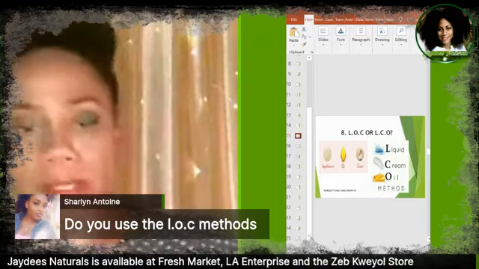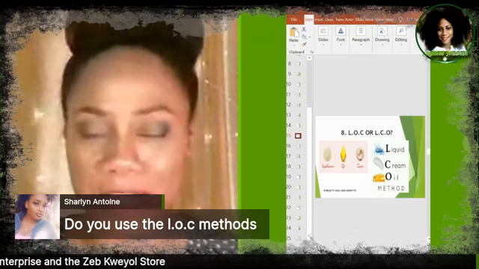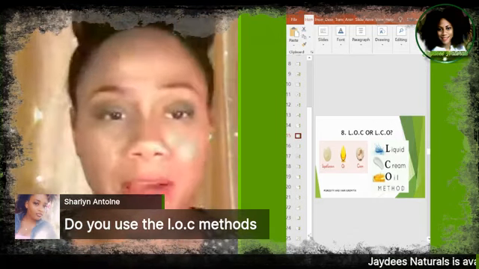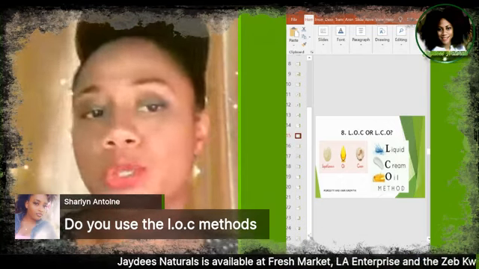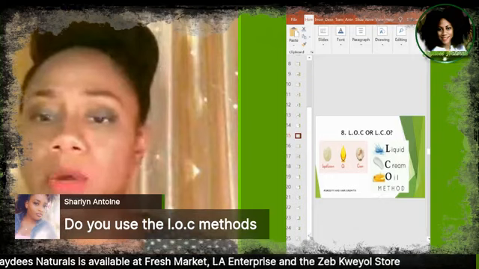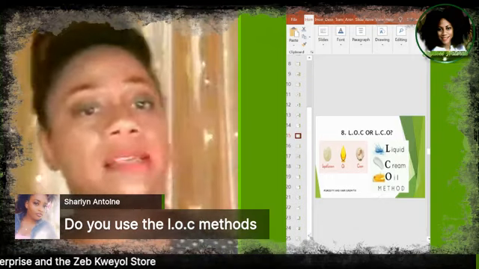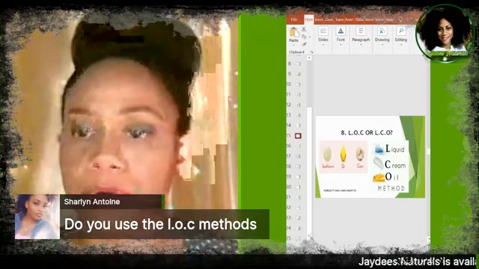Now we're still in low porosity. For low porosity, I don't recommend either method. I recommend only two of them, be it liquid and oil or liquid and cream. And why? Because it's for the same reason why we don't put heavy butters on here if it is low porosity.